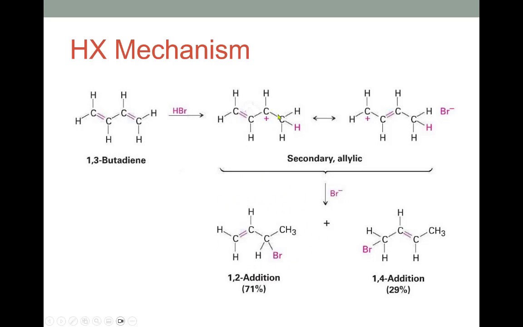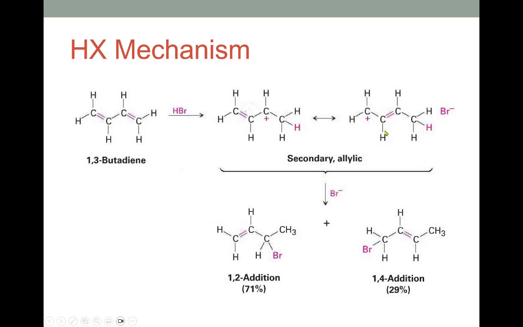However, notice that we now have a carbocation with an adjacent source of electrons nearby. So we can get a movement of electrons here where these pi electrons could move over to create a double bond between carbons 2 and 3, leaving the positive charge now on the end of the molecule, like this.